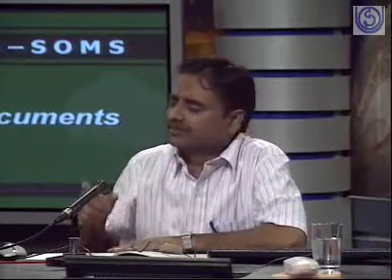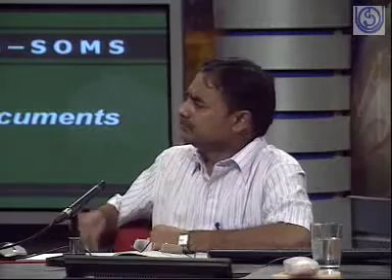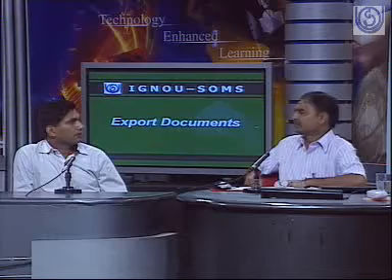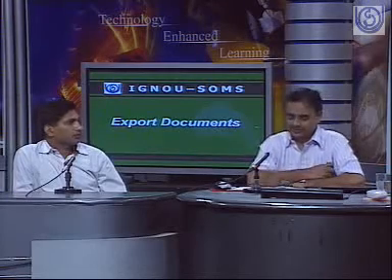So whenever you are exporting or importing chemical goods, you need to obtain a license from the government of India. The government of India issues the license for a particular period, and during that period you need to use that license, and based on that you manufacture or procure the goods and export them.